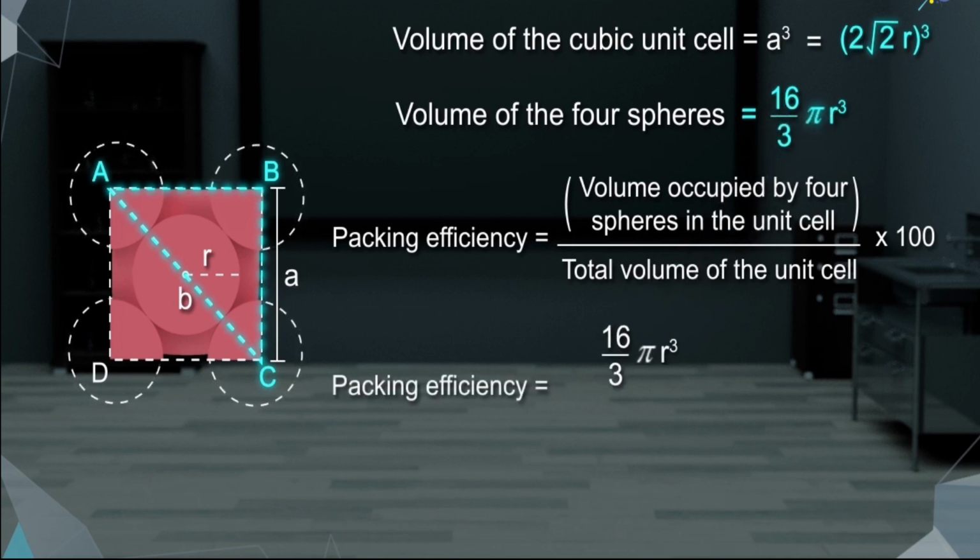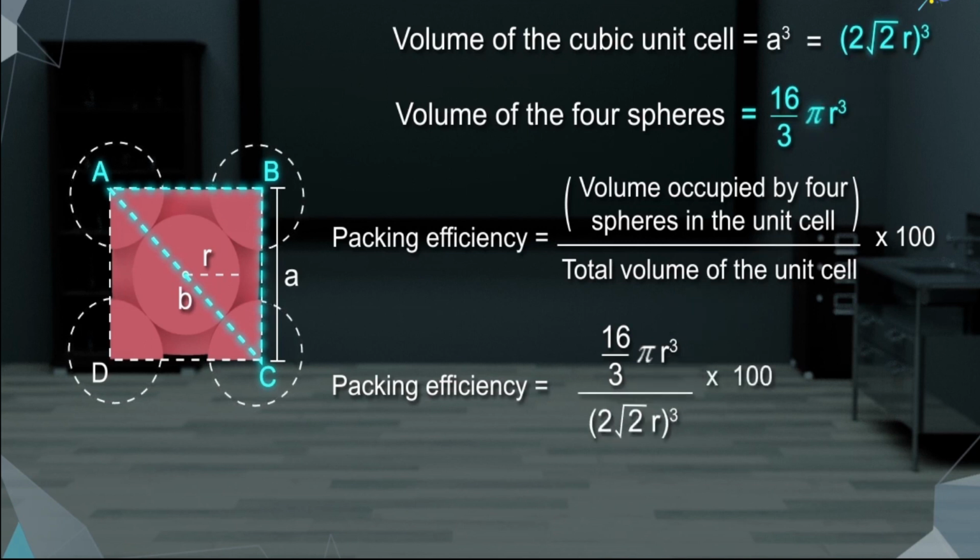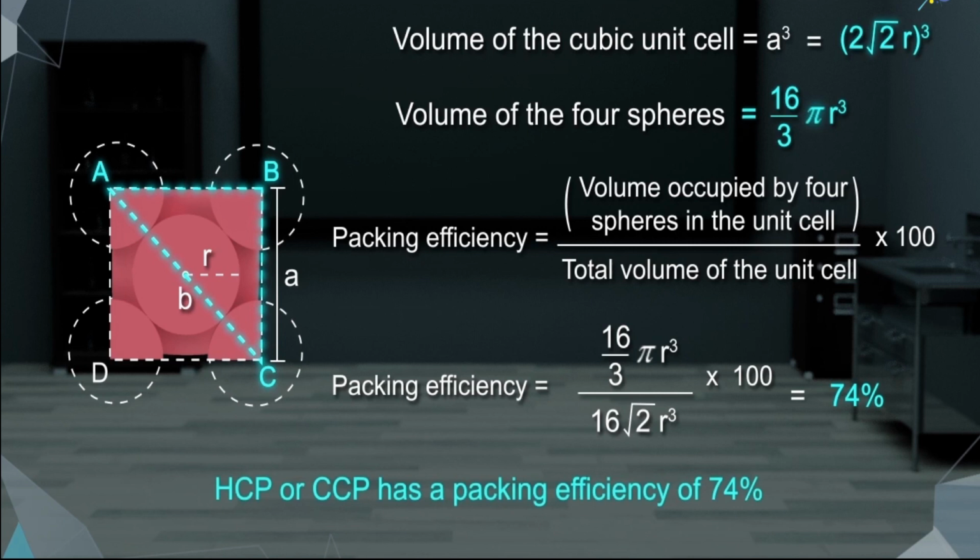Packing efficiency is equal to 16/3 πr³ divided by (2√2 r)³, multiplied by 100. That is 16/3 πr³ divided by 16√2 r³. Now that is equal to 74%. So packing efficiency is 74% in HCP or CCP.